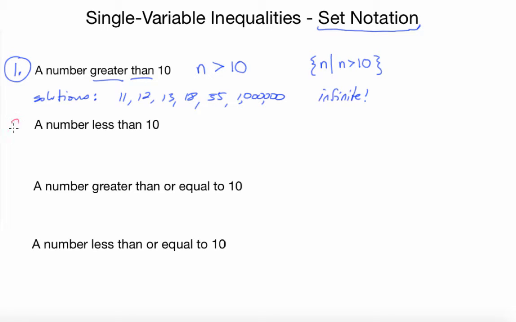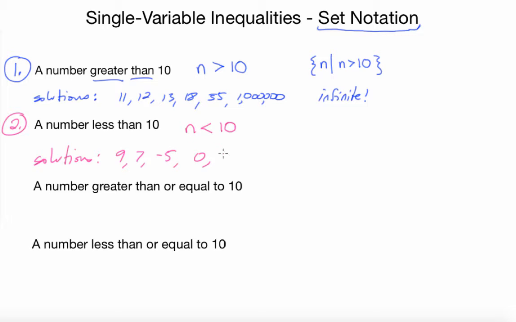Number 2 is a number less than 10. So that would be n is less than 10. I'm going to point towards n because it's less than, and open towards 10 because 10 is greater than n. n is less than 10. What numbers are less than 10? Well, that's 9, 7, -5, 0.